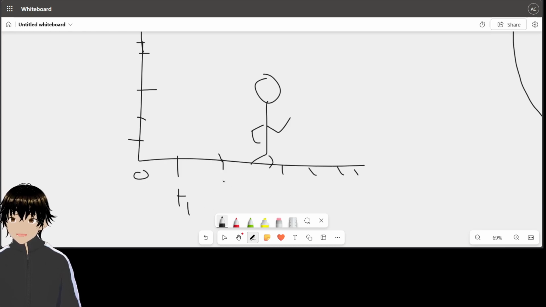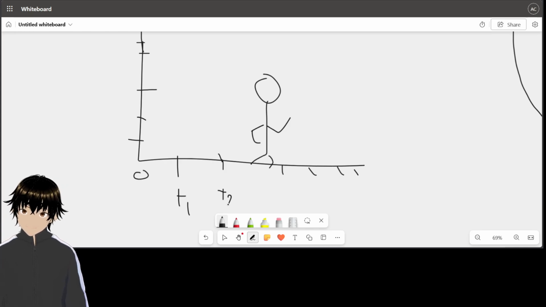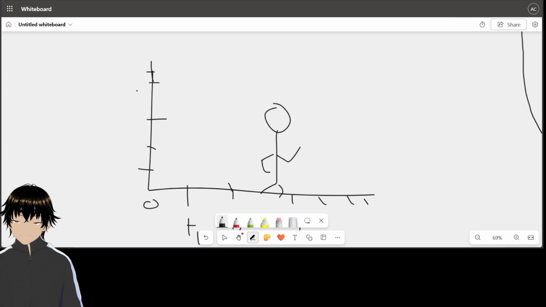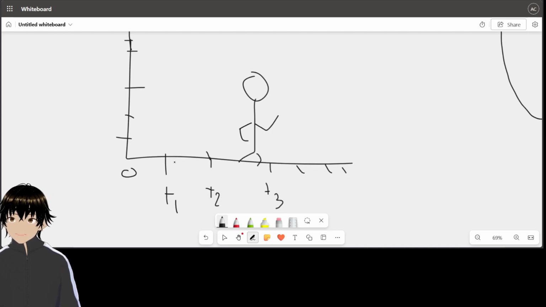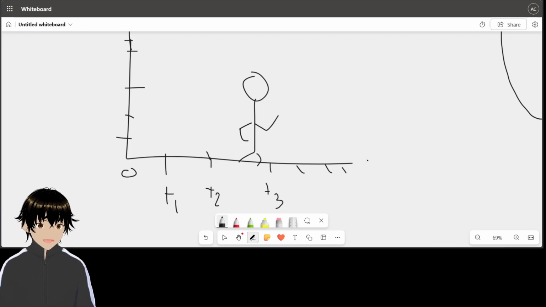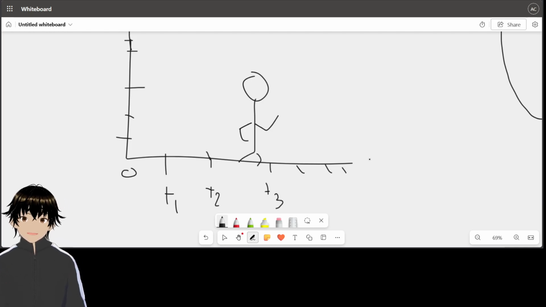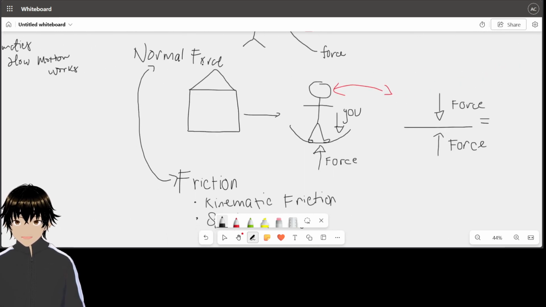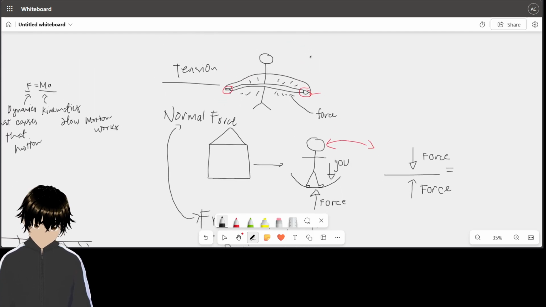Okay, time, time, time, and distance. This coordinate system basically just measures what acceleration you had at certain points of these times, and I think this will be it.